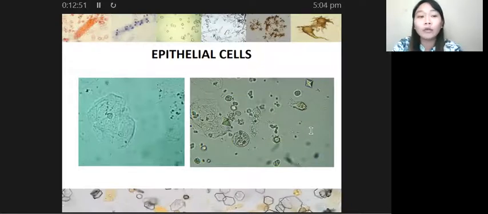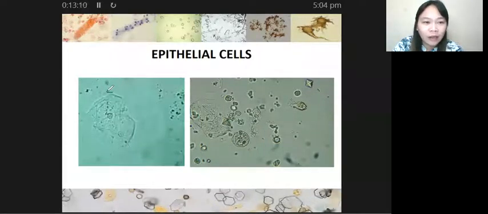If you look at how your squamous epithelial cells appear under the microscope, you can see an irregular cytoplasm, irregular borders of our squamous epithelial cell.